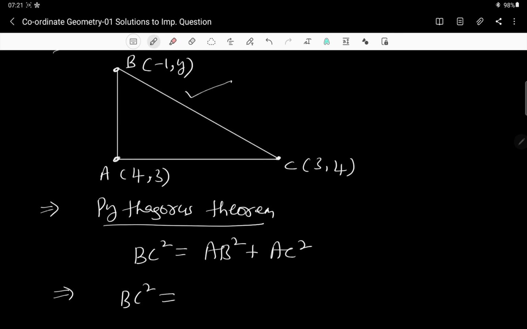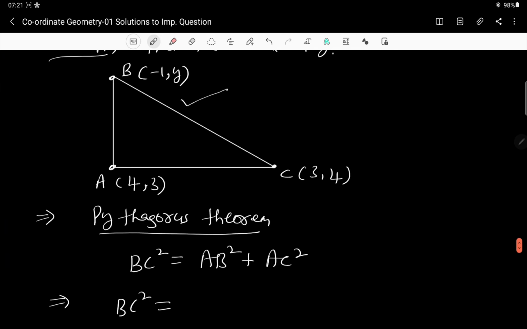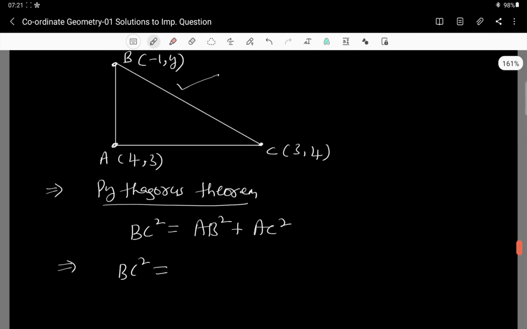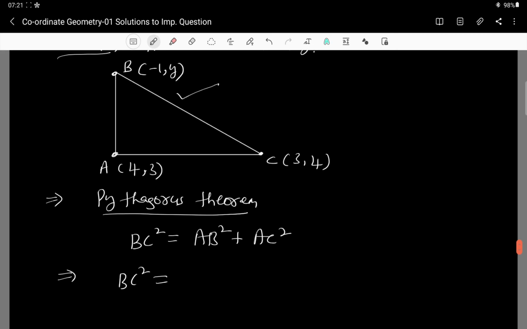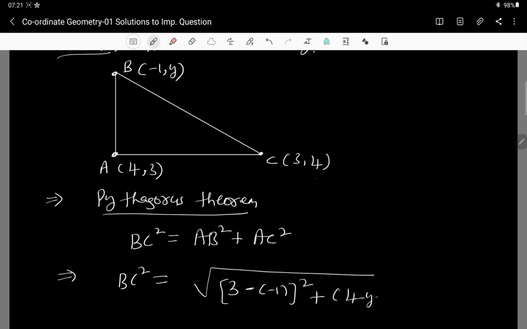So BC squared is equal to, square means that square root will be gone, no? So let us try to find out this BC value first of all. To find this BC, you can draw it separately also, or directly you can do it. So under root, you can take this as (x2, y2) and this as (x1, y1), correct, no? For time, according to that you should be able to take it directly. So that is like 3 minus of minus 1 whole square, then plus 4 minus y whole square.